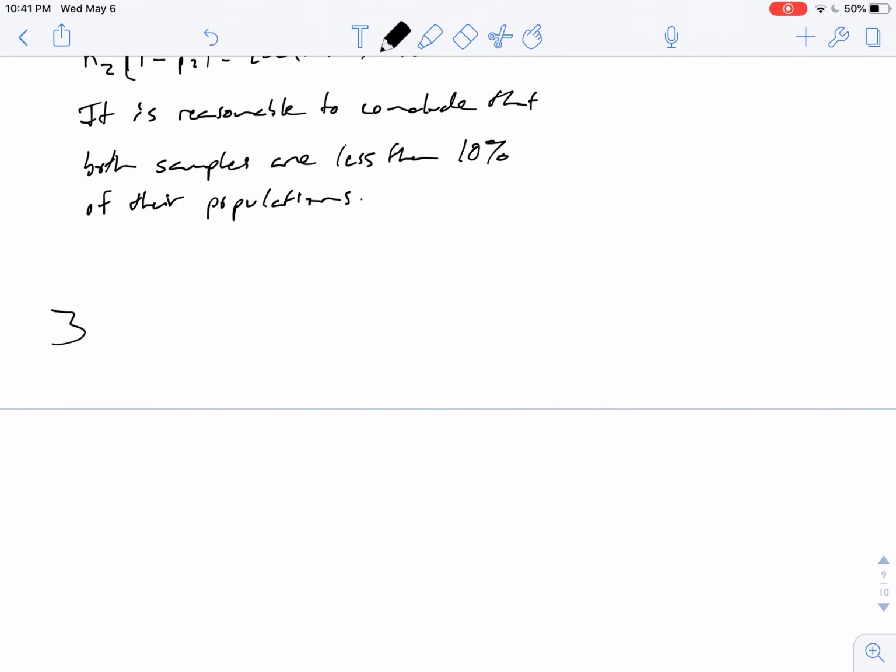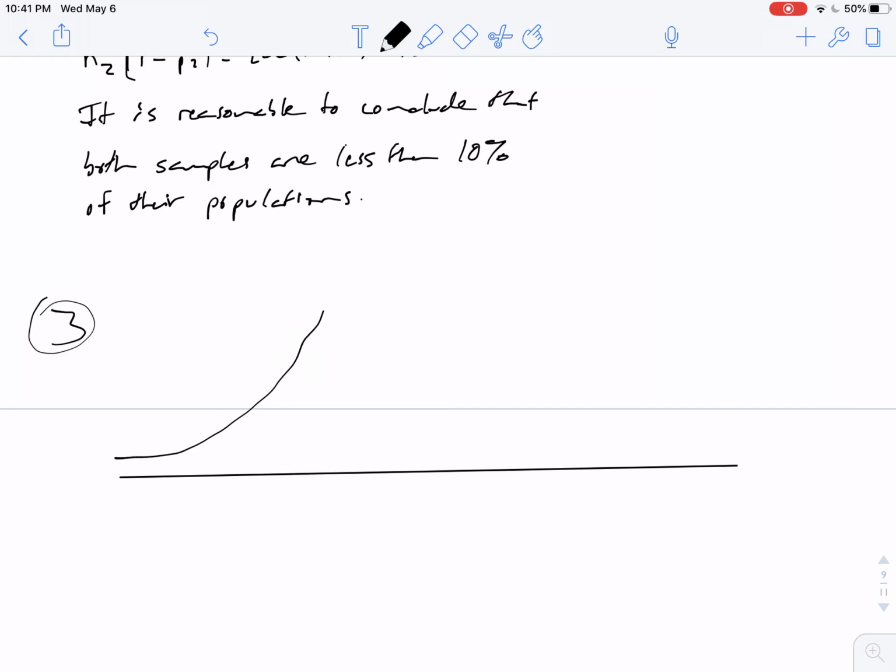Step 3, I usually like to just start with my picture. Again, normal sampling distribution. This is going to be my p hat 1 minus p hat 2 axis. That's going to get centered at my null hypothesis, which is 0.